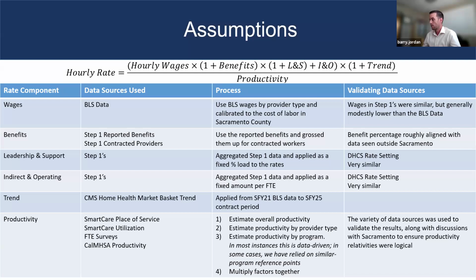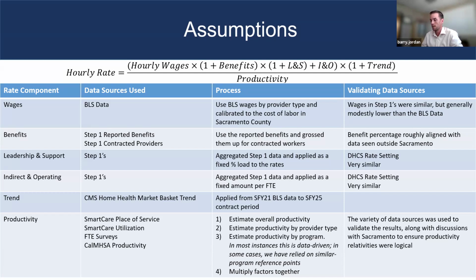So the general process for this is that by looking at what was contained in the FTE surveys and then looking at the utilization within the SmartCare data, that allowed us to get to an overall estimate of productivity across all programs and provider types. Then it became looking at various data sources and understanding different dynamics within the program to look at things on a provider type basis and also by program.